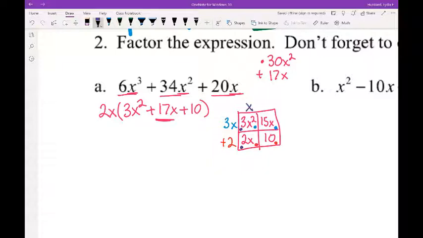It's the only common factor they have. And then out of 15x and 10, both of those are divisible by 5. So this will factor. We'll keep that 2x out front, right? 2x times (3x plus 2) times (x plus 5). And because this did not say to factor and solve, then that would be our final answer, and we can just stop right there.